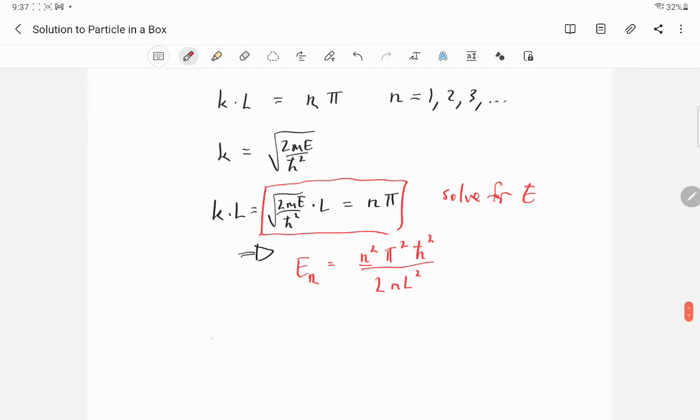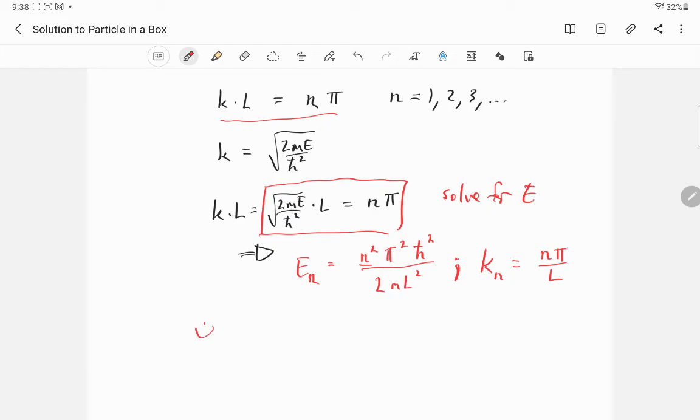And now the wave functions, so if the energy is labeled by n, then this thing called k is now also labeled by n, right? Actually, k sub n is n pi over L, right? You just get it from up here. So, yeah, I've got these really interesting things to say.